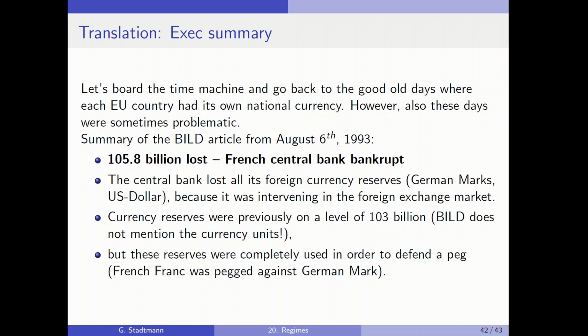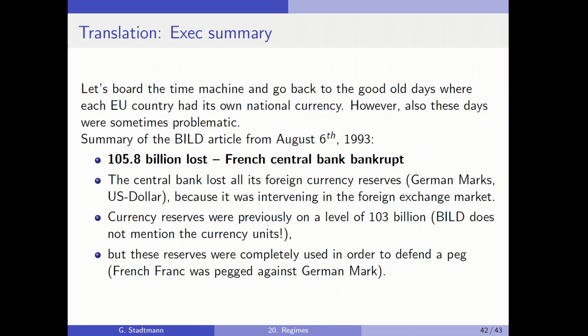The currency reserves were previously on the level of 103 billion. Bild does not mention the currency units. Maybe it was French franc, maybe it was German marks, maybe it was US dollar or potatoes, I don't know.